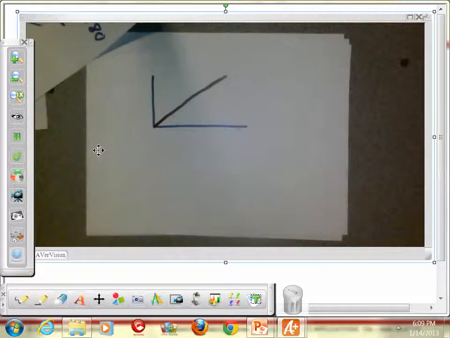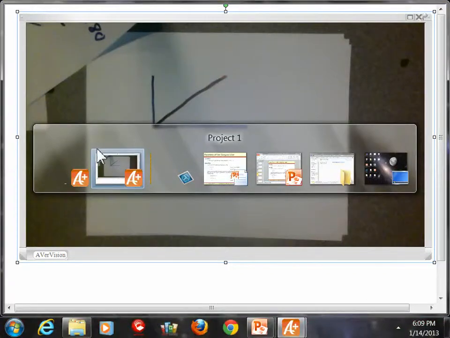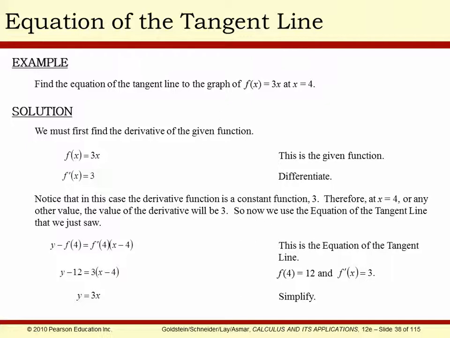So we're going to do something a little more complicated because it's just too simple to the point where maybe it's even a little confusing. But the point here is if your function is a straight line, the tangent line is the same equation as your function, right? So my function is 3x, and it doesn't matter what point I choose, my tangent line function will also be 3x.